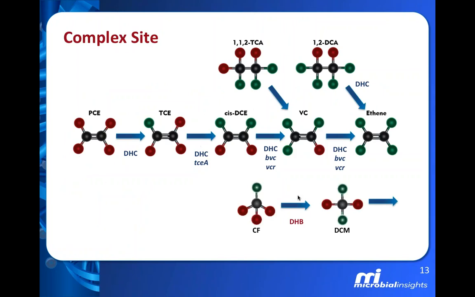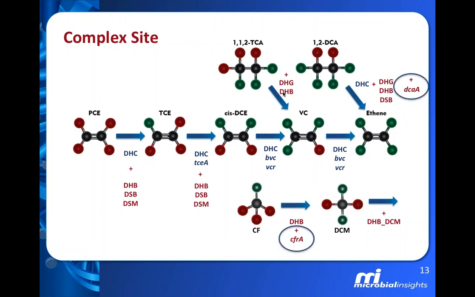And then when we move to a complex site, we add an additional degree of difficulty because with common co-contaminants like chlorinated ethanes, monitoring populations of halo-respiring bacteria like Dehalogenimonas and Dehalobacter, can be important as well.